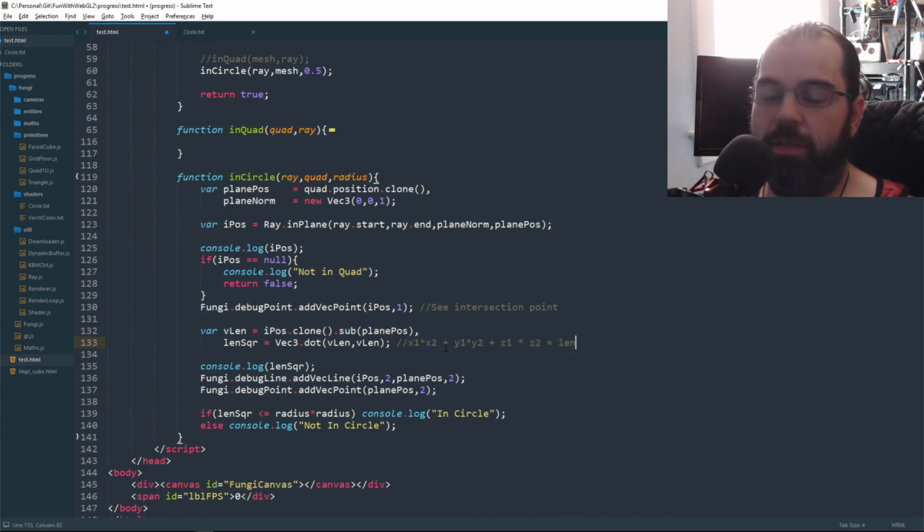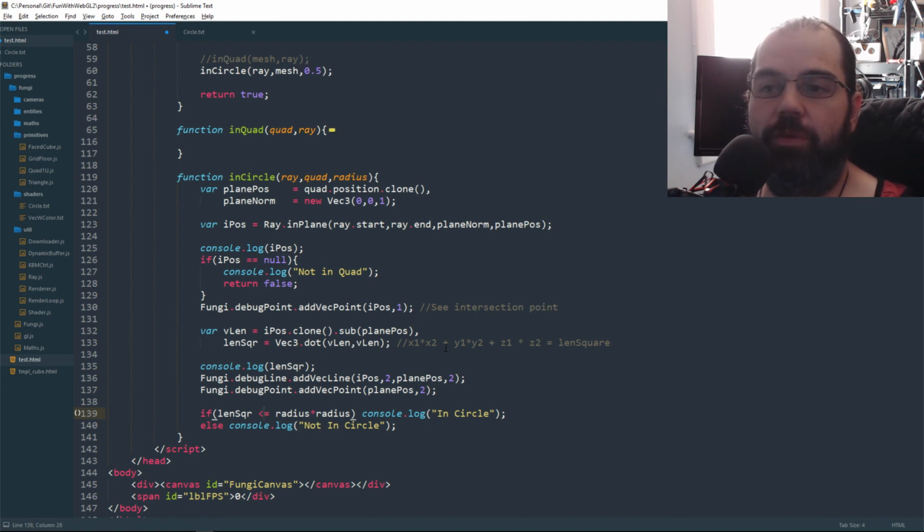But here's the thing. If you look at the original equation, this equals length squared. So like I said, all I have to do is take radius squared, and radius squared is radius times radius. So instead of doing a square root, I just do an additional multiplication. The multiplication is faster than the square root.